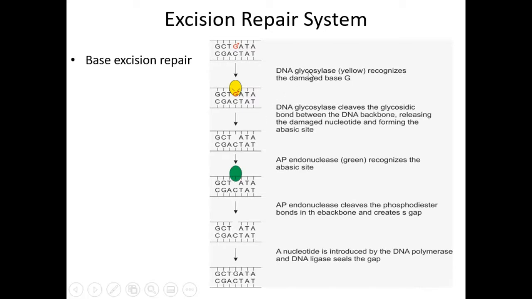So that involves: one, DNA glycosylase to remove the nitrogenous base; two, AP endonuclease to remove the sugar phosphate; three, DNA polymerase to fill in the gap; four, DNA ligase to repair the phosphodiester bond. That's base excision repair. Let's watch the video quickly.